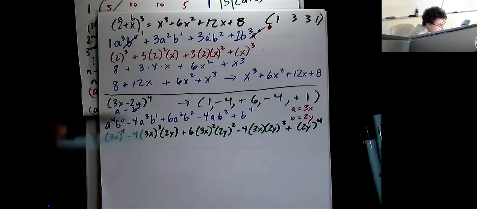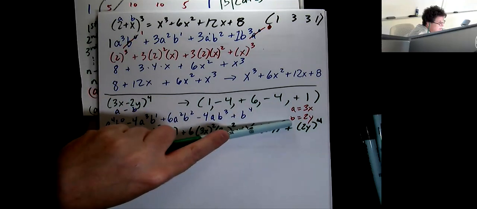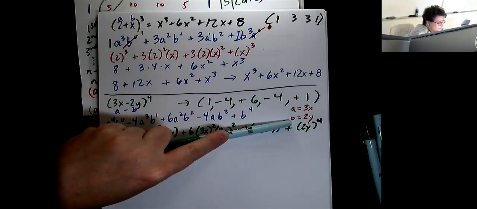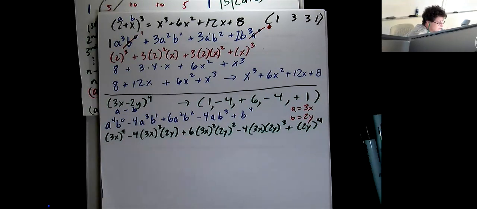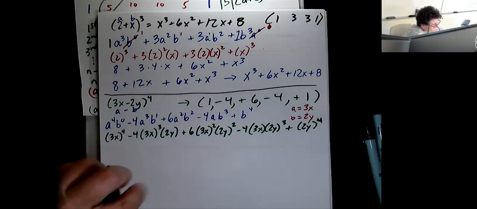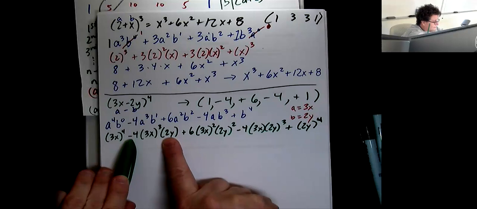You don't have to remember that the minus does an alternating thing if you plug in the minus with the b. If you use negative 2y, it's going to fall out. The signs will alternate. Like this would be a positive right here, but 2y would be a negative.